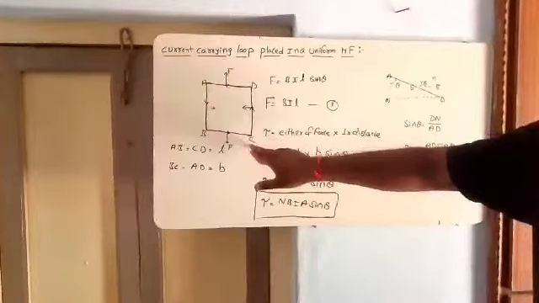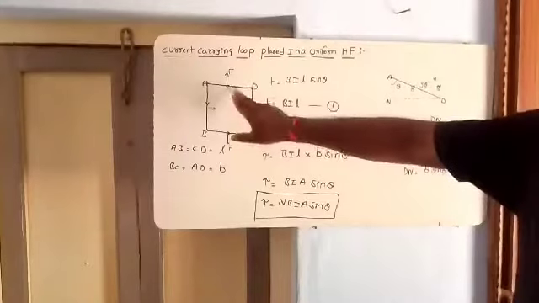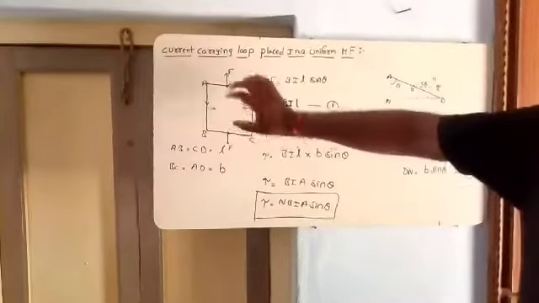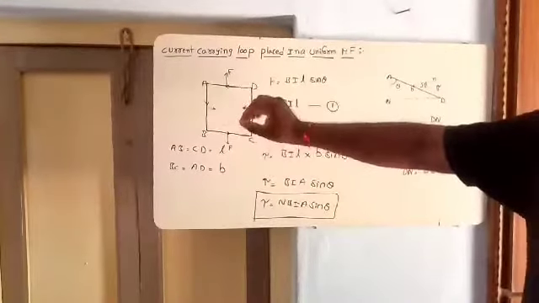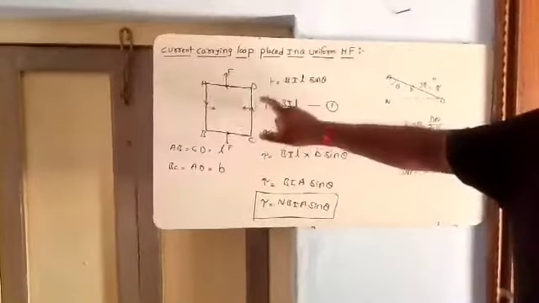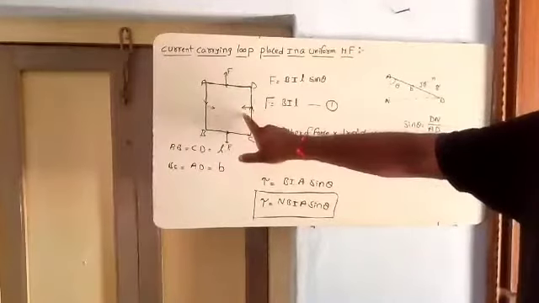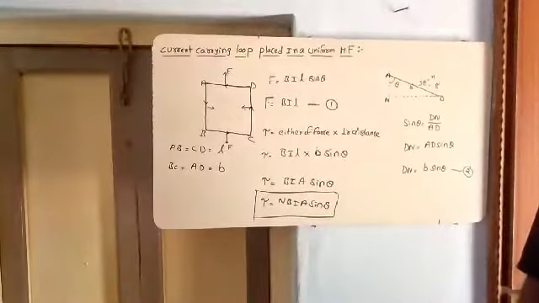AD and BC, these two conductors experience a force, but the force on AD is upwards and the force experienced by BC is downwards. So these two are equal and opposite, and they cancel each other. The forces experienced by AB and CD are one vertically upwards and the other vertically downwards, so they constitute a couple.